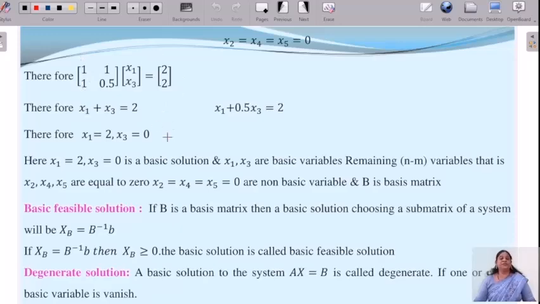Solving this system of equations, we get x1 equal to 2, x3 equal to 0. This is called a basic solution. x1, x3 are basic variables, and x2, x4 and x5, which we have set equal to 0, are called non-basic variables, and B is called the basis matrix.